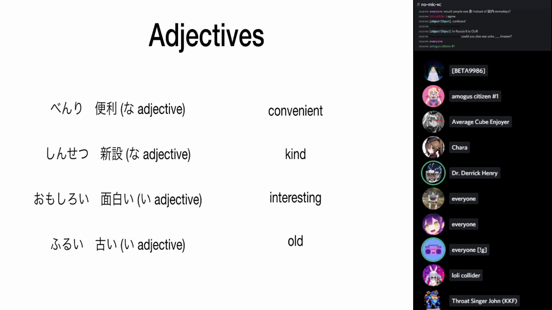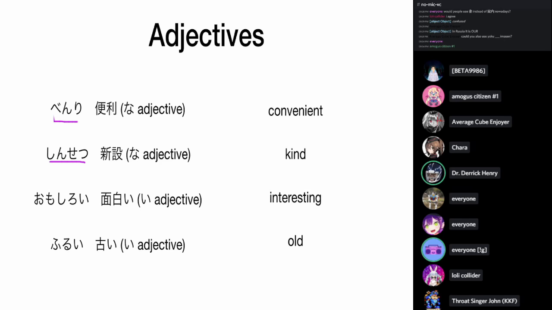I have a couple of adjectives here. I can stress some of these things if you need me to. I have two examples. The first two are na adjectives, and the second two are e adjectives. We have benri, which is convenient, and shinsetsu, which means kind. Both of those are na adjectives.